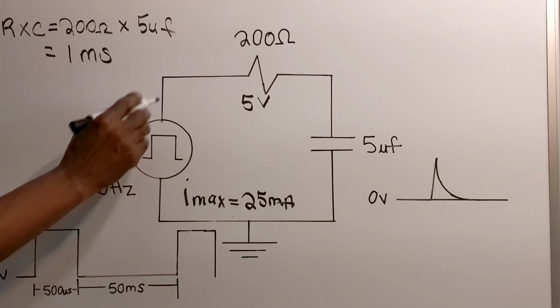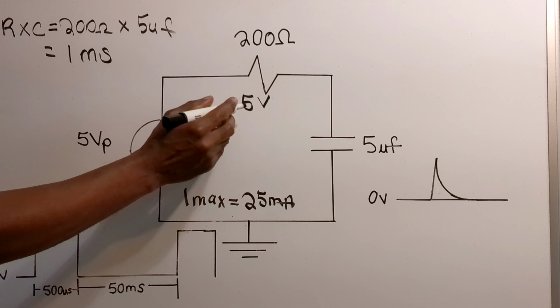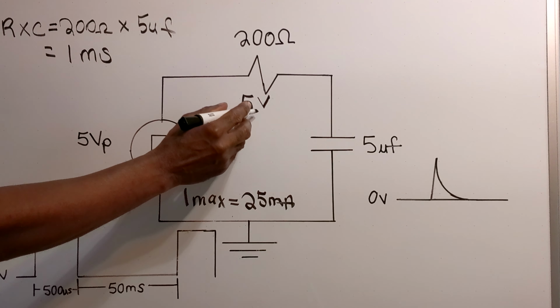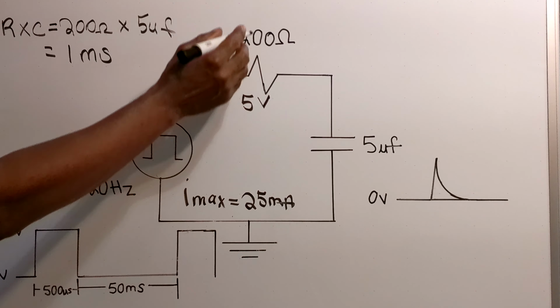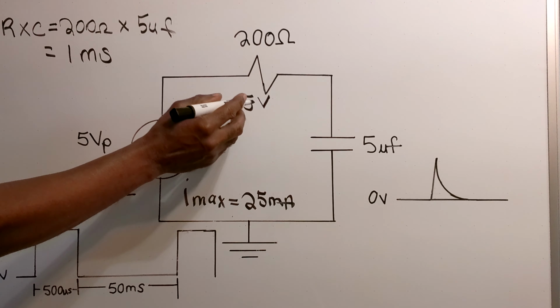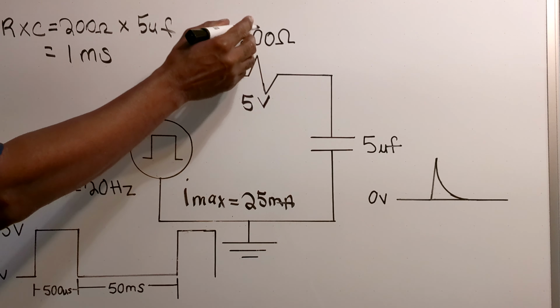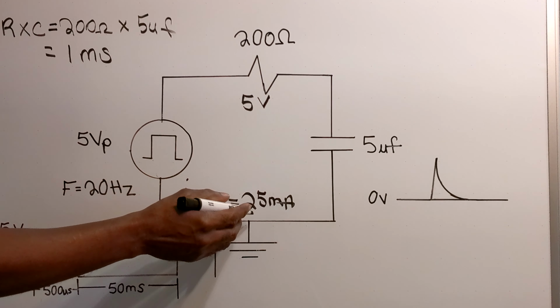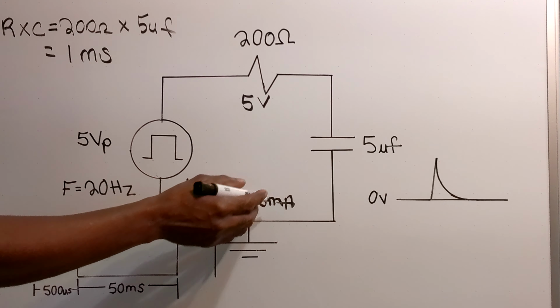As my pulse goes through, I'm going to have a 5-volt maximum falling across my 200 ohm resistor. 5 volts over 200 ohms, that will give you 25 milliamps.